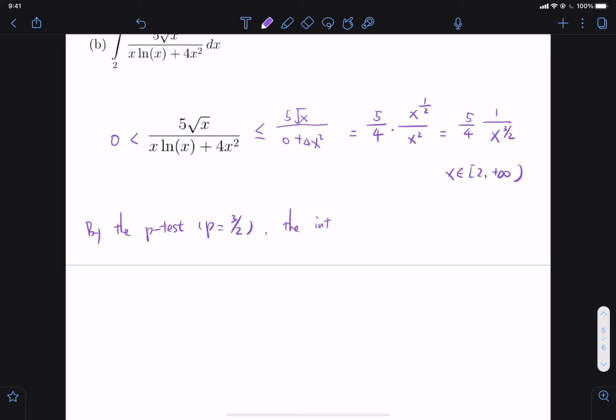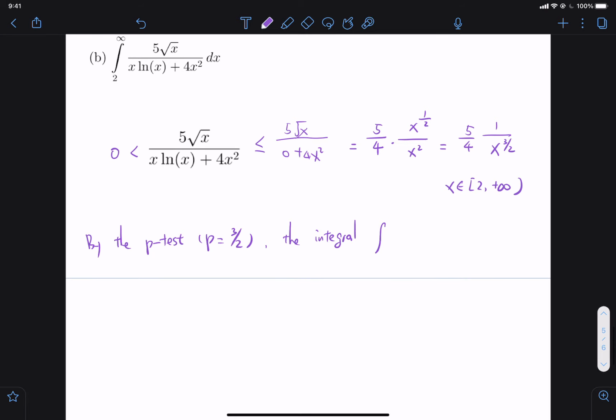The integral from 2 to positive infinity of 5 over 4 times 1 over x to the 3 divided by 2 dx is going to be convergent.